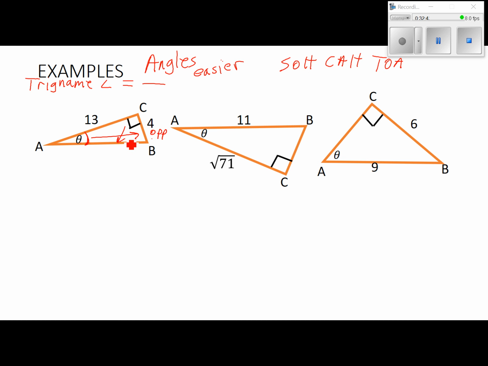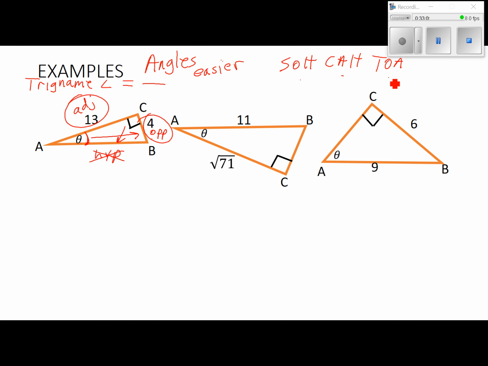Label it opposite side. Side across from the right angle is the hypotenuse. Side over here is the adjacent side. Figure out which sides you really care about and which sides you don't care about. This time, we really don't care about the hypotenuse. They didn't ask us to find it, and they didn't tell us it, so we care about the opposite and the adjacent. That's going to tell us which trig ratio we're looking at.